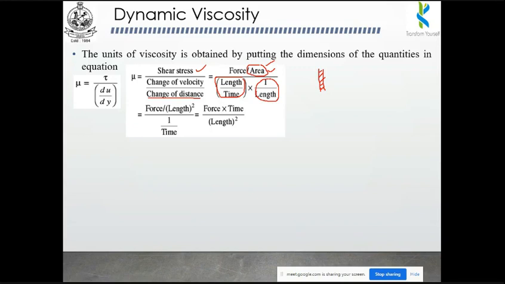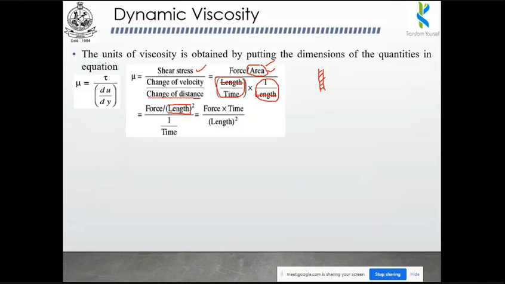If you want to simplify this formula, you will get the final formula for dynamic viscosity. Look here, we have length here and length here. Both are common, so we can cancel them. Next, force by area. Area can be calculated with the help of length: area is equal to length square, because it is meter square, as everyone knows.